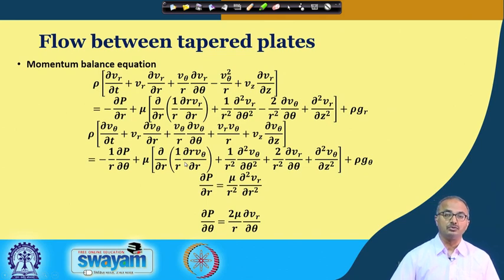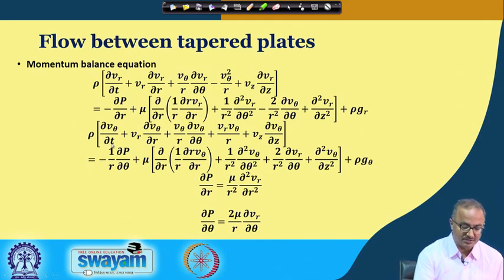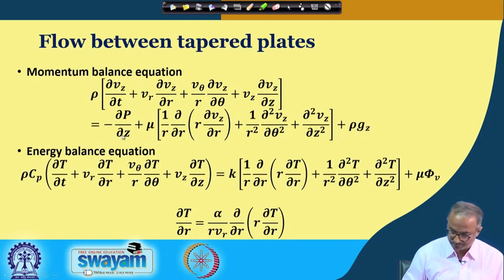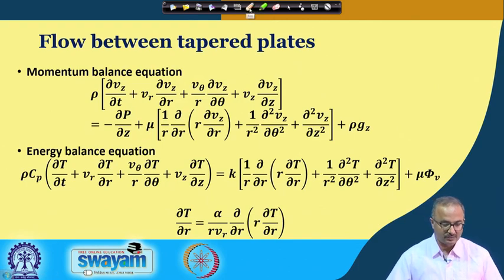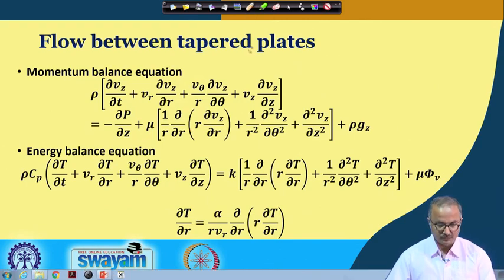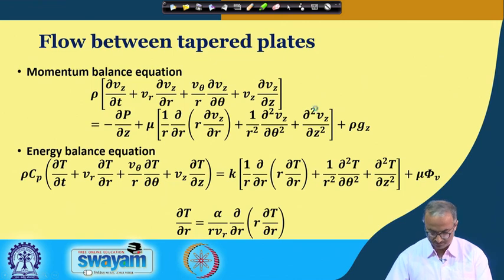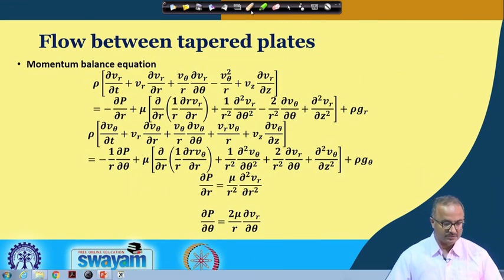Even though there is no theta component of the velocity, there could still be terms in the theta direction. Here this is going to 0, this is going to 0, and this particular thing is going to 0.